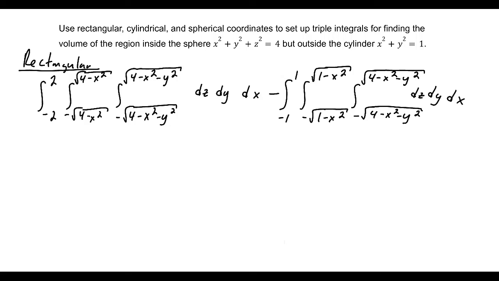So that's how we would find the difference in rectangular coordinates, the difference in volume between the outer sphere and the inner cylinder.